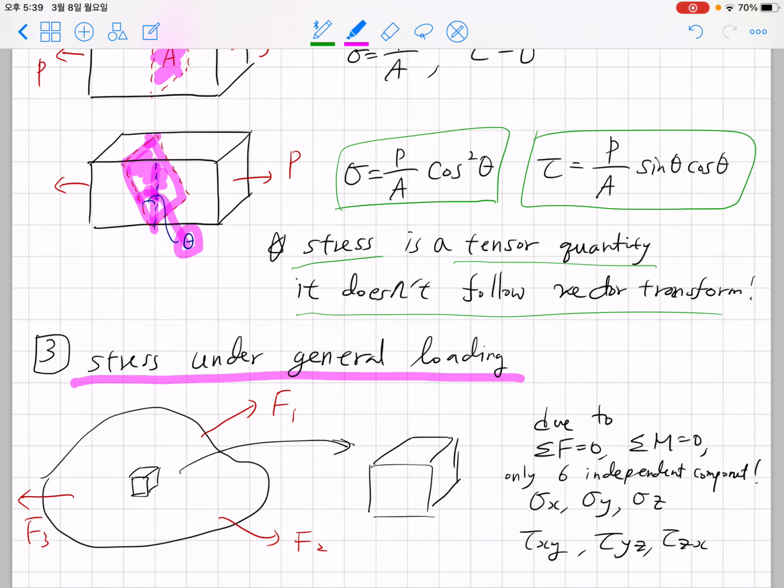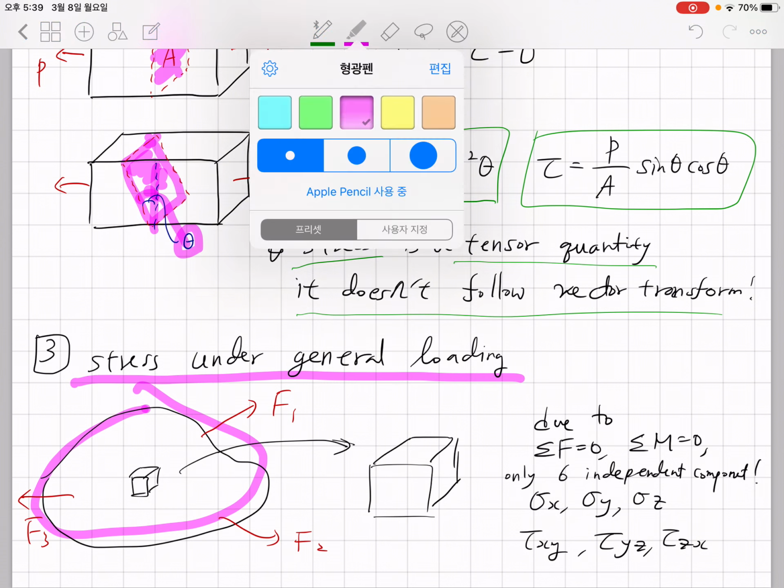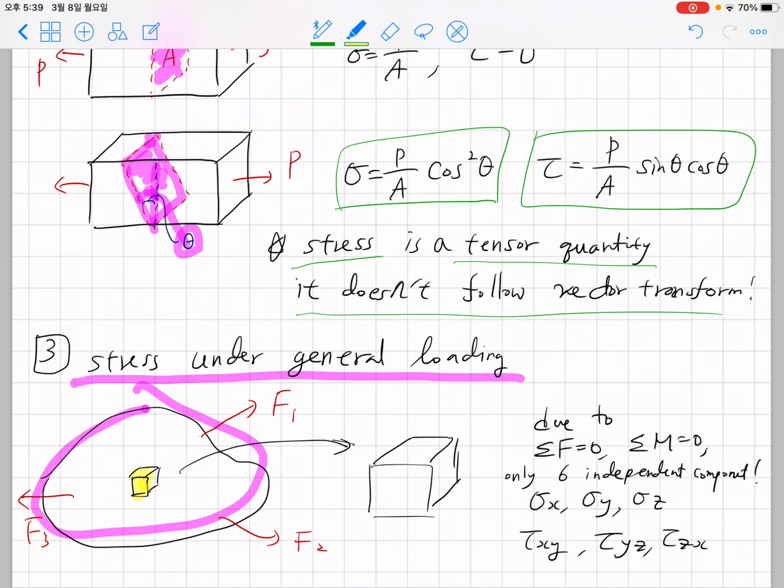So when you have some continuum potato, and you try to make an imaginary cube inside this continuum potato, there can be a maximum of 9 stress components: 3 normal stress components, XX, YY, and ZZ, and 6 shear stress components, XY, YX, XZ, ZX, YZ, and ZY.